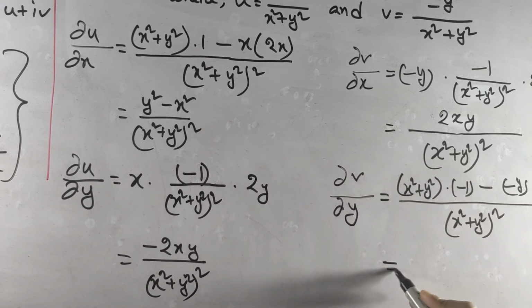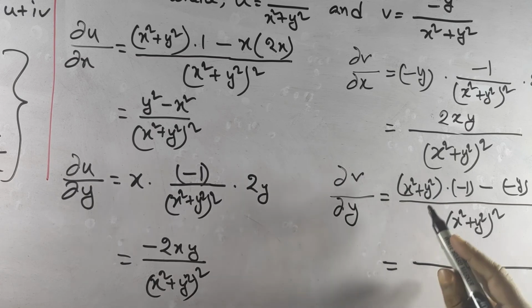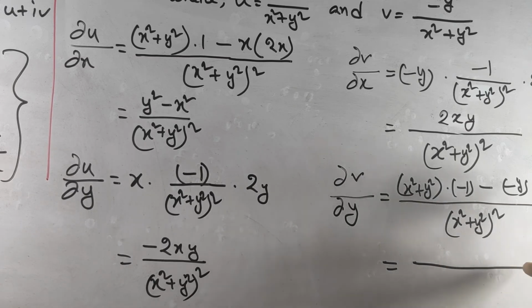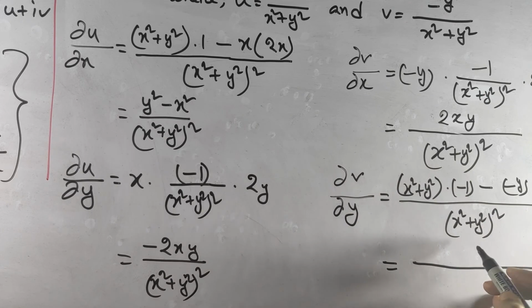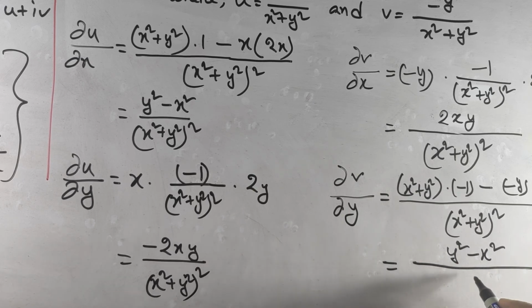So if we simplify this, it will be plus 2y square, that means it will be y square minus x square divided by x square plus y square whole square.